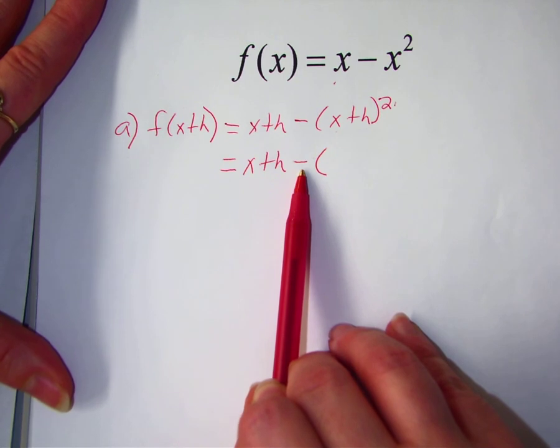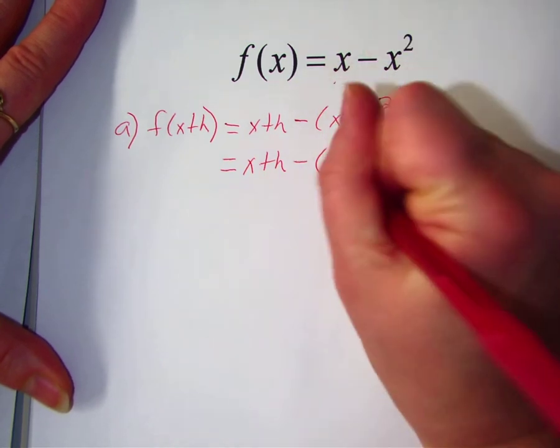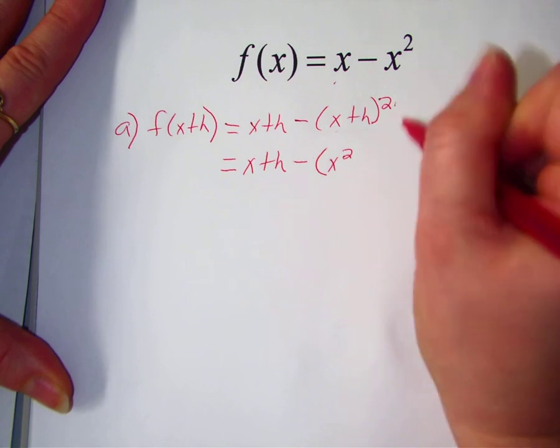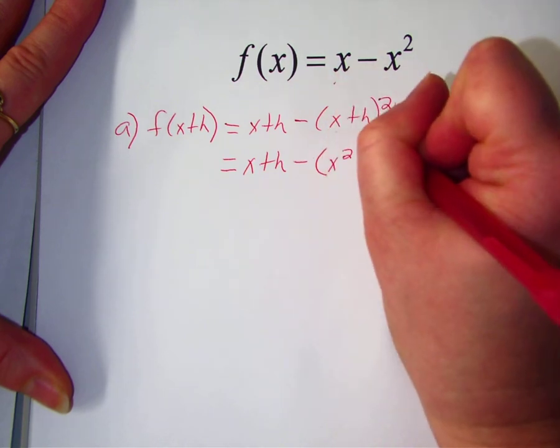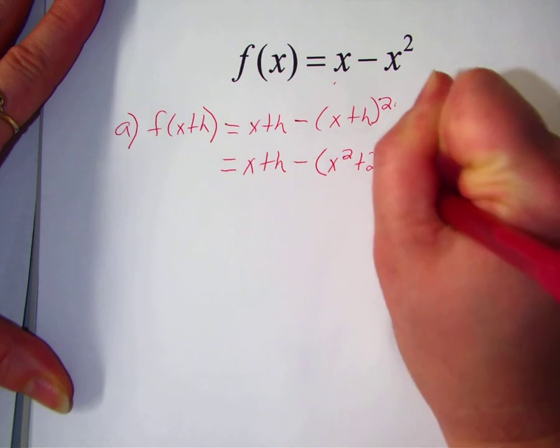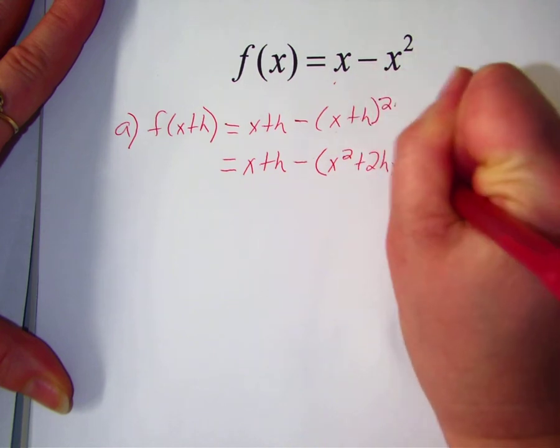So the formula to square a binomial is the first term squared, the 2 terms multiplied together and doubled, and then the last term squared.